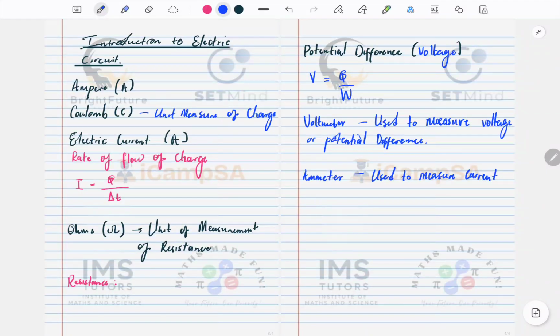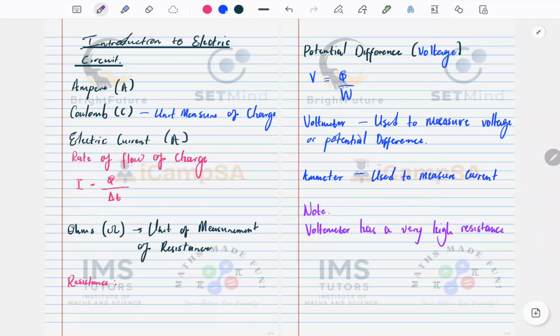So now there are a few notes that you must note. Note: a voltmeter has a very high resistance.